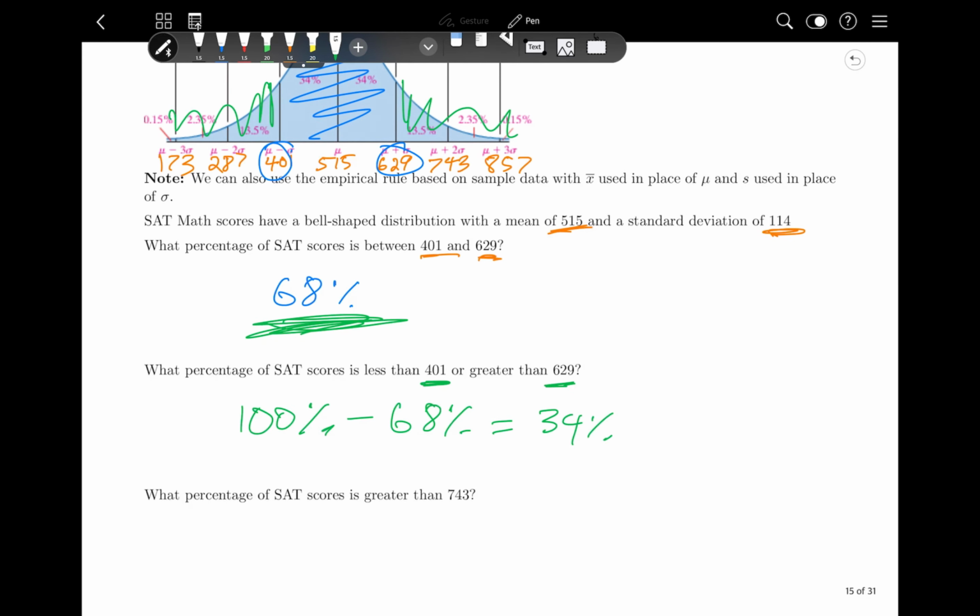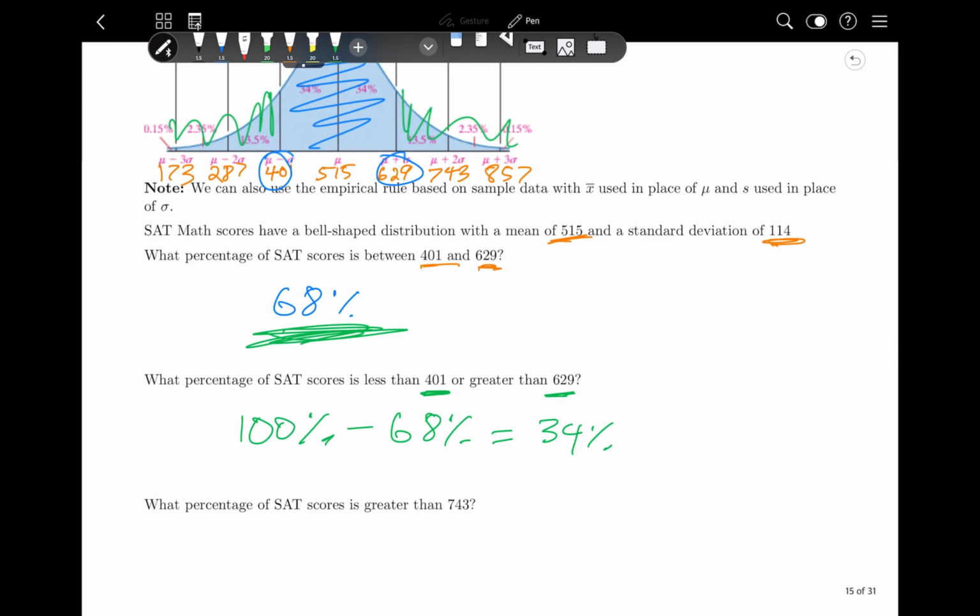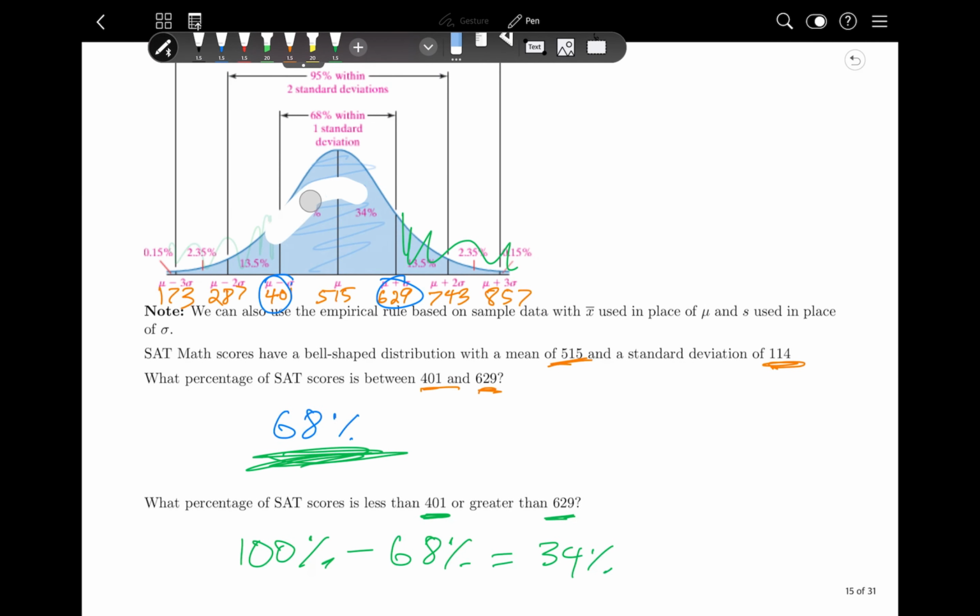So what percentage of scores are greater than 743? Okay, so we do the same idea. Let me just erase some of the stuff I don't need anymore. Okay. So then for the last one, we're looking at this number here, 743, and we want to be greater than that.